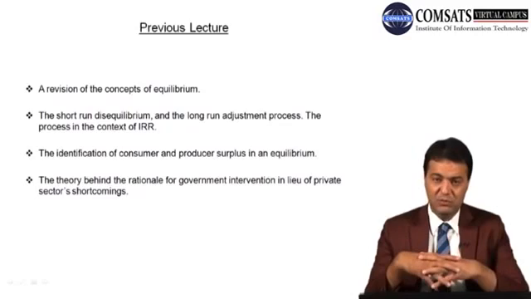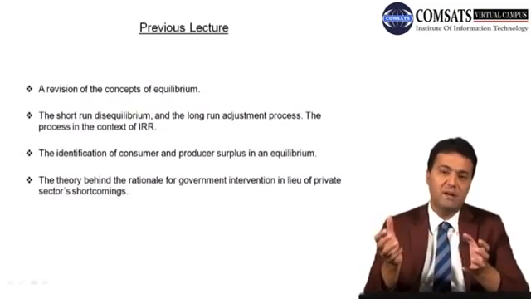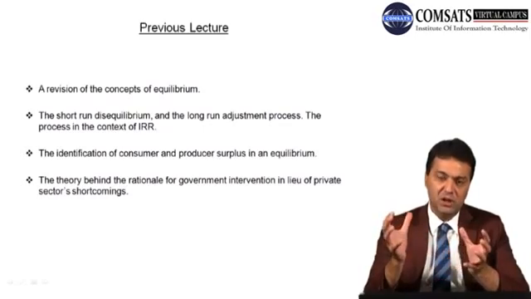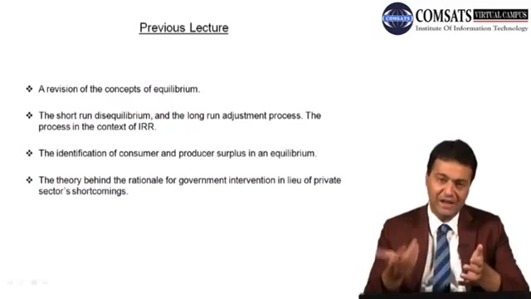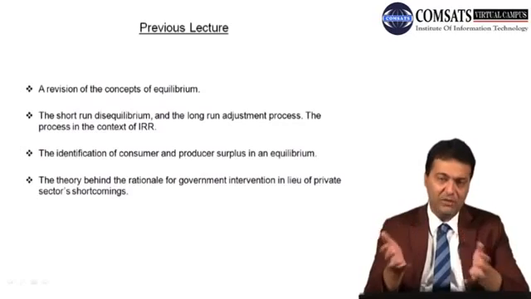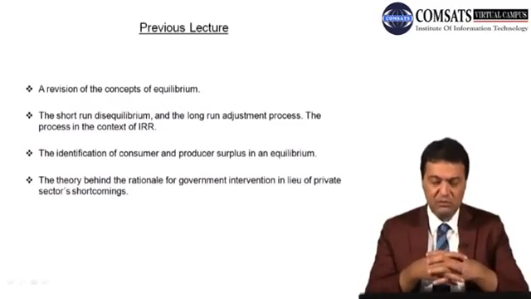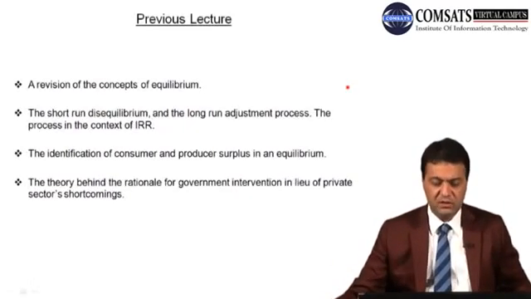And there might be gaps in it, which invites the attention of the government, and presumably it steps in to fulfill that potential, so that it doesn't lie vacant. It is maximized. It is somehow taken care of. That is one of the rationales that we will study. Alright, so let's move on to the lecture.